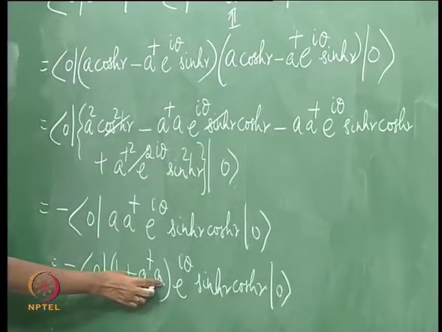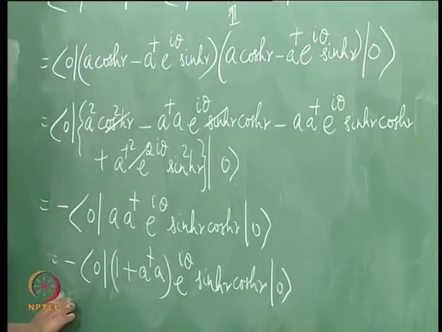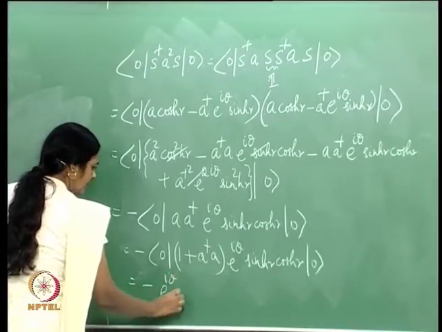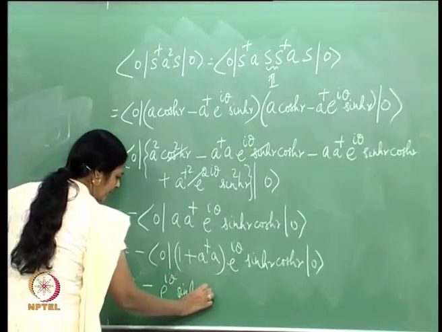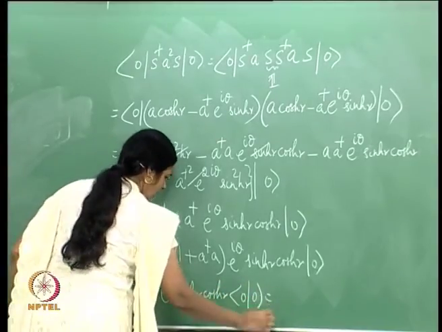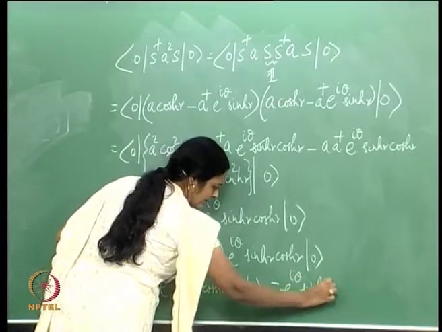Again, a dagger a does not contribute because a dagger a acting on ket 0 gives me 0. So, this is just minus e to the i theta sinh r cosh r ket 0 with bra 0. That is the same as minus e to the i theta sinh r cosh r.